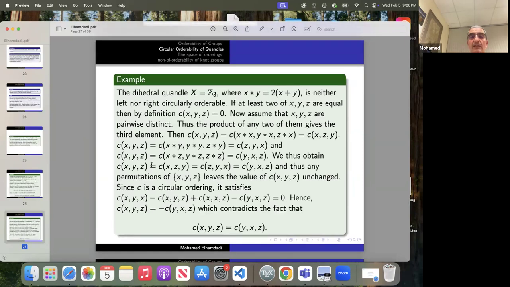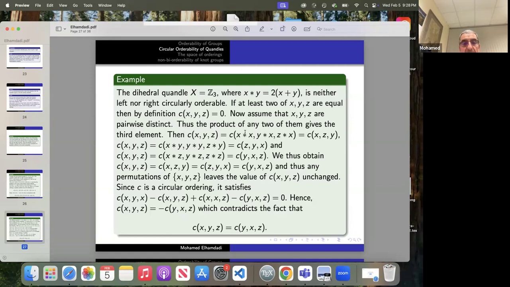The last quandle of 3 elements is known as the dihedral quandle, Z3 with the operation x star y given by 2x − y, or −x − y, since 2 equals −1 in Z3. This is neither left nor right circularly orderable, and one can prove it; it's not difficult. Basically, when you have two distinct elements and you star them, you get the third one. That's the property of this quandle.